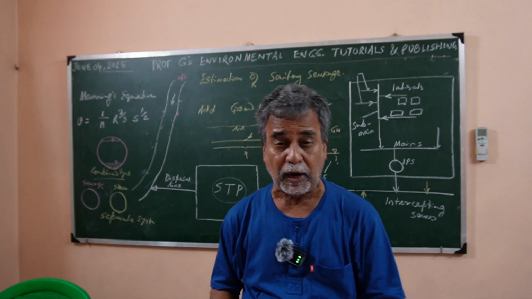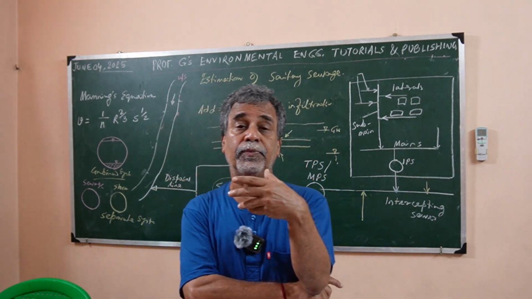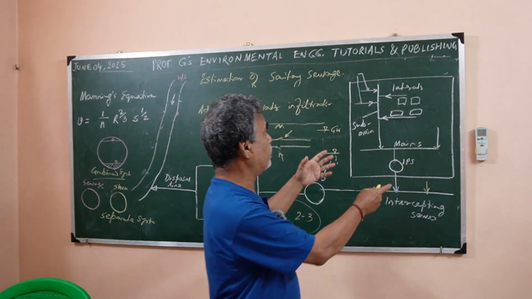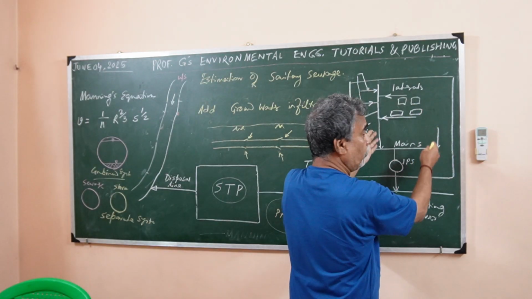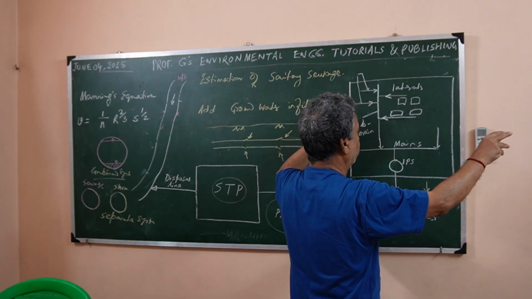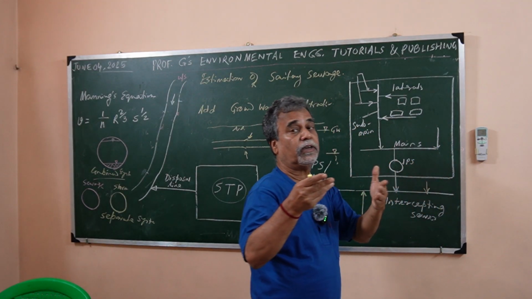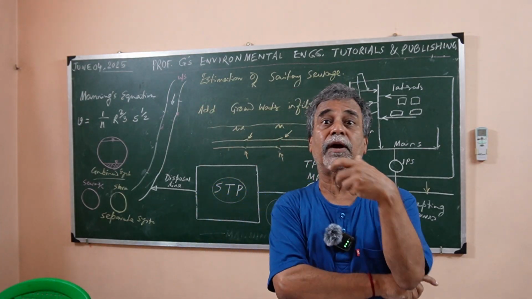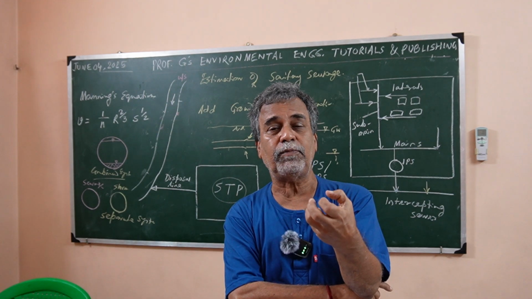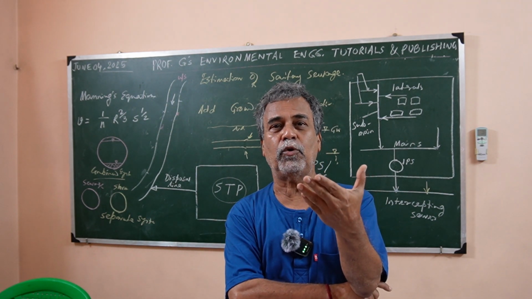That means it is decreasing. Why? Because the possibility of getting the peak flow simultaneously from an entire huge population will be lesser compared to a smaller population. Suppose you have 50,000, naturally the peak factor will be more.